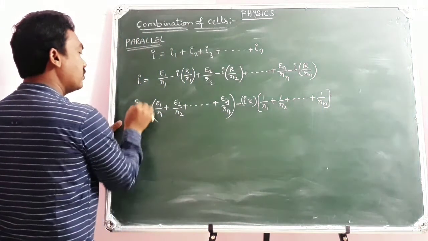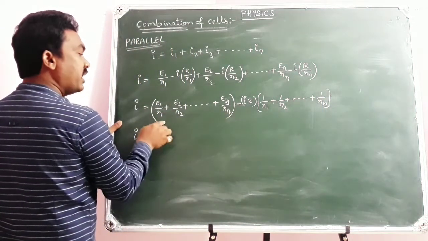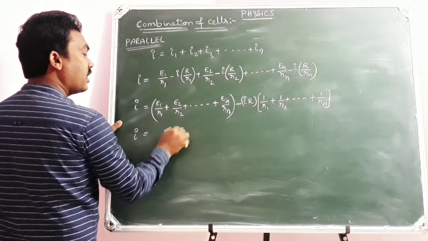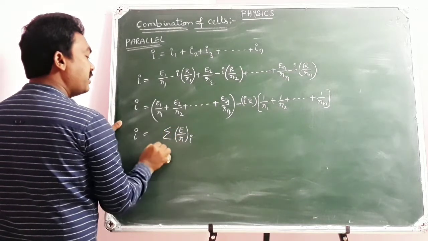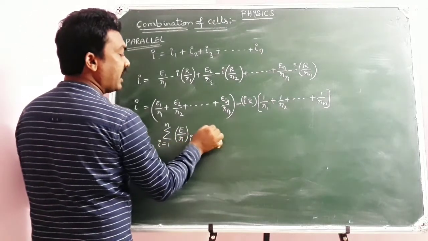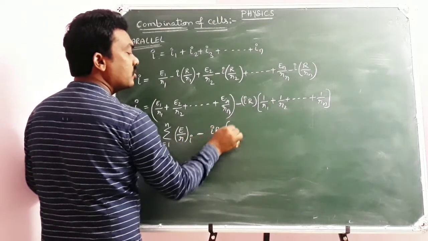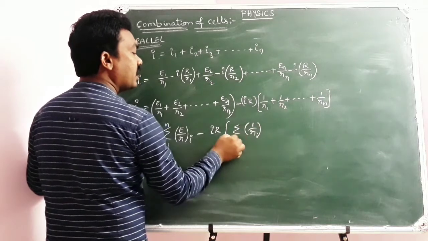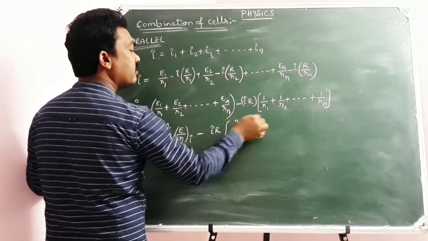Yes, this is all I value. So I equal to, let me write this equation with sigma: sigma E by Ri with limits i equal to 1 to n, minus IR into sigma of 1 by Ri with i equal to 1 to n again.